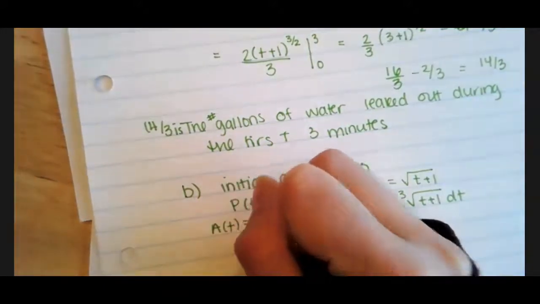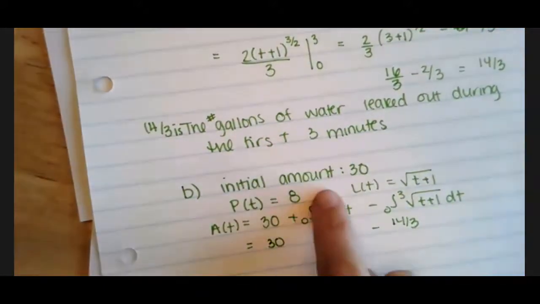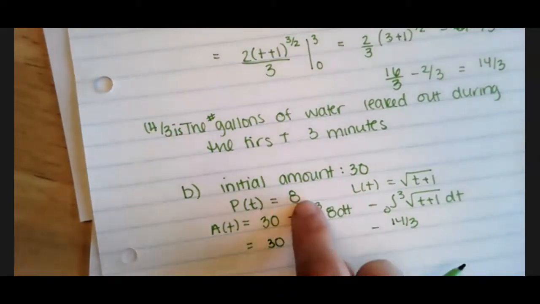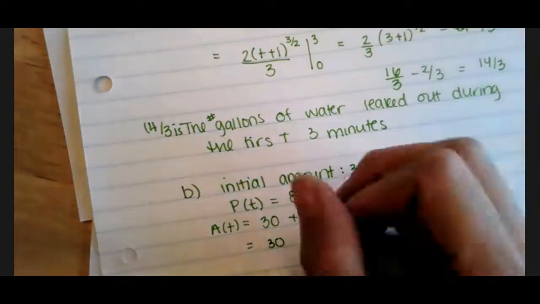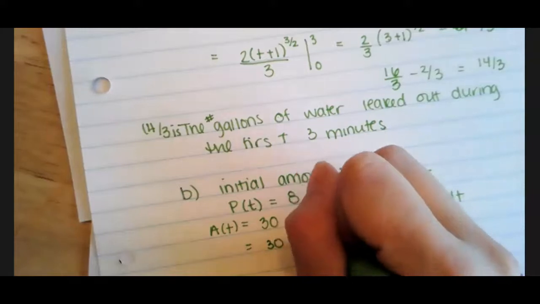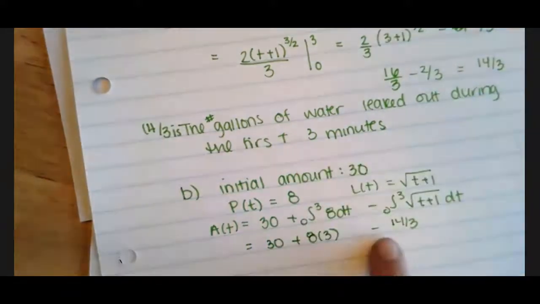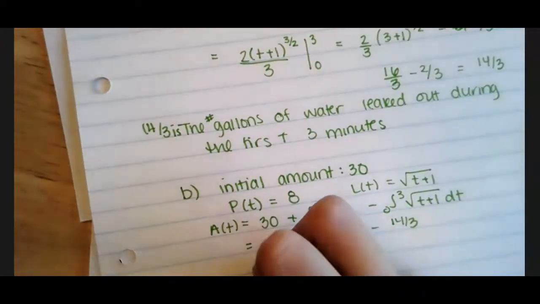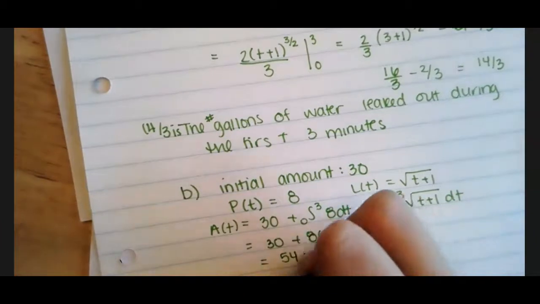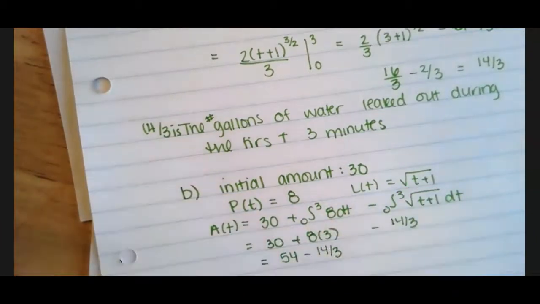So it's like 30. The integral of a constant is a rectangle, so that's like a rectangle of base 3, height 8. So we're adding 8 times 3 minus what's being pumped away. So 8 times 3 is 24. 24 and 30 is 54. 54 minus 14 thirds is actually how you're allowed to leave your answer on the AP exam.